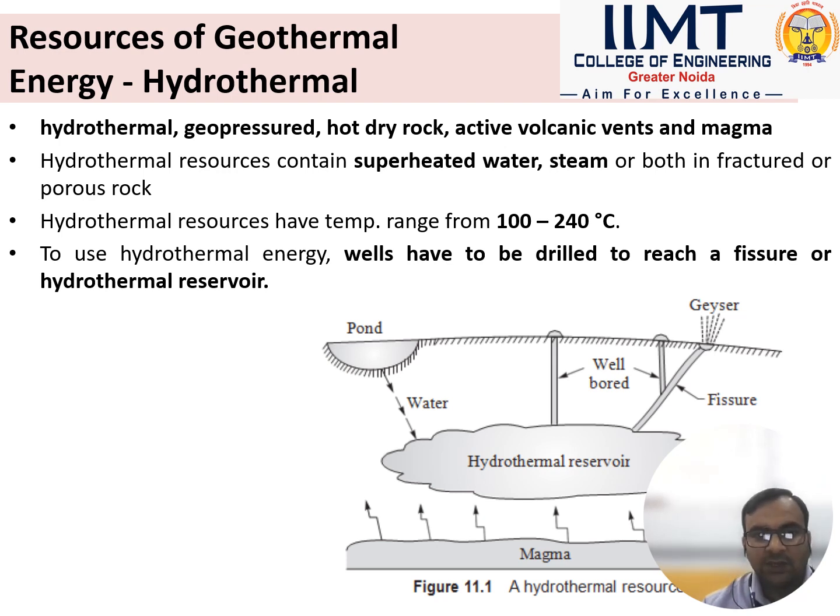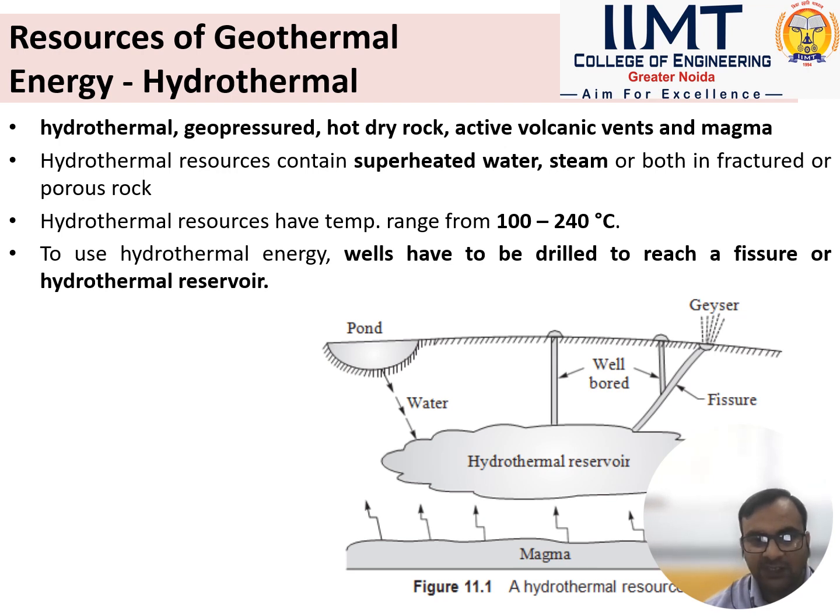So to use this hydrothermal energy from superheated water or steam that is available inside the earth, wells have to be drilled to reach that hydrothermal reservoir. Here you can see in the diagram, magma is at very high temperature. So heat always comes from the magma.